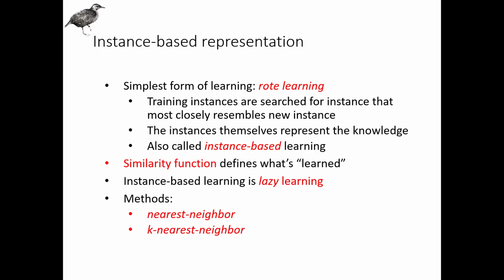So there are two methods mainly we can discuss: simple nearest neighbor, one nearest neighbor as we call it, or we use k nearest neighbor. Here k is a parameter, which means the number of nearest neighbors you want to use to make the decision.